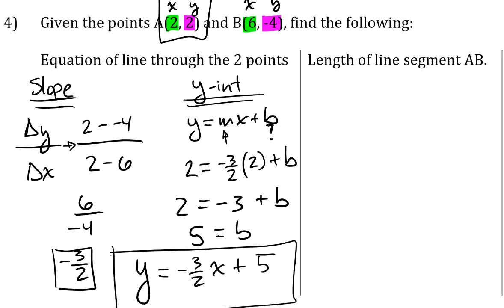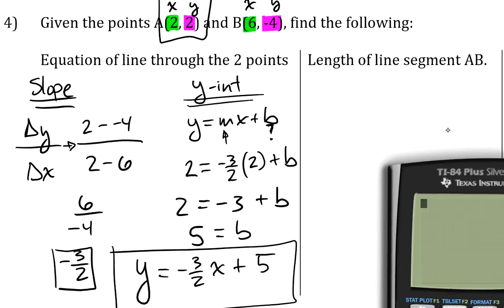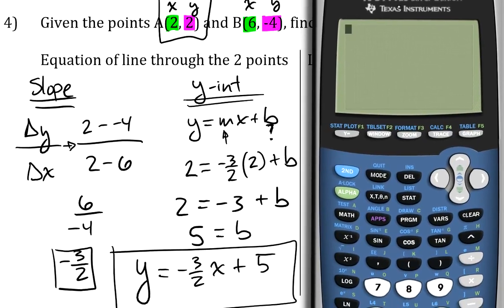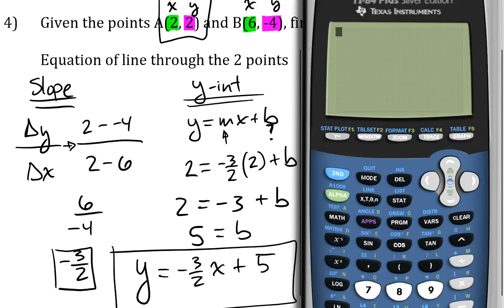Now, it turns out we can verify this, right? We can look at it and see that this is actually the case with our calculator, and I want to do that. This is the equation of the line if both points are satisfied by this equation. So let's check our second point when x is 6. I'm just going to enter -3 divided by 2. That's -3/2.